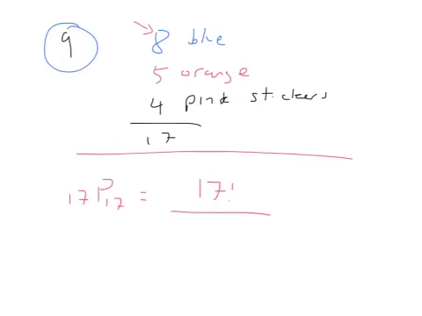So, once we've arranged them, there are 8 factorial ways in which we could order the 8 blues, and 5 factorial ways we could order the 5 oranges, and 4 factorial ways we could arrange the 4 pinks. That would give us the exact same results, just switching the placement of them. So we could simplify this as 17 factorial over 8 factorial times 5 factorial times 4 factorial.